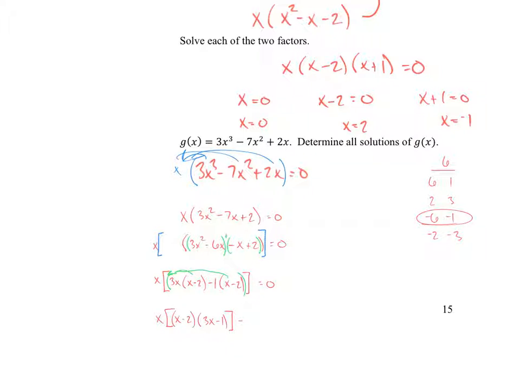And now that I've done all that work, I don't really need those brackets to be there anymore. So that's not an absolutely necessary thing to have. It just helps us organize everything and see what we're working with. So now we have our three factors. It's kind of like above when we ended up with these three factors, right? We now have our three factors of this polynomial. And so to find the roots, because it's saying to determine all the solutions, we're going to set each of them equal to 0.